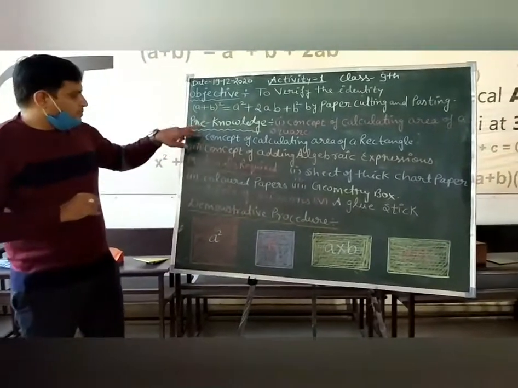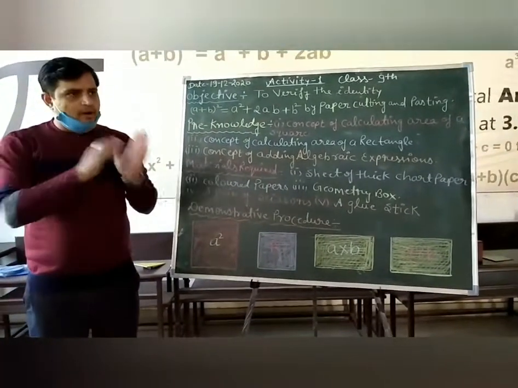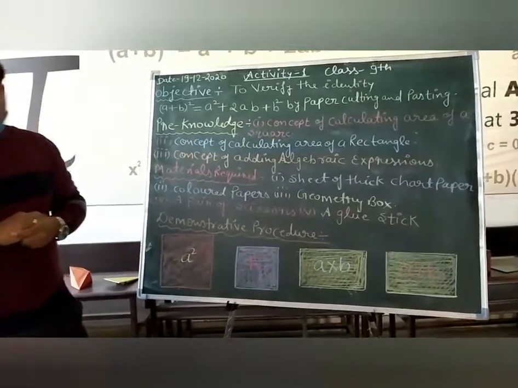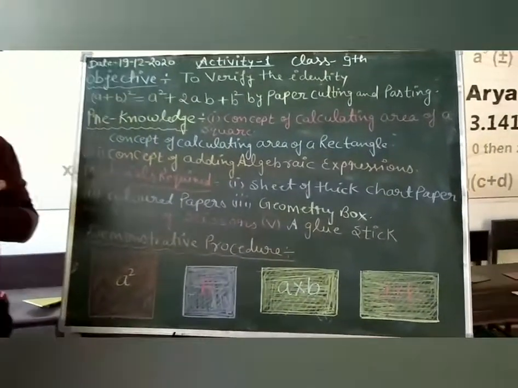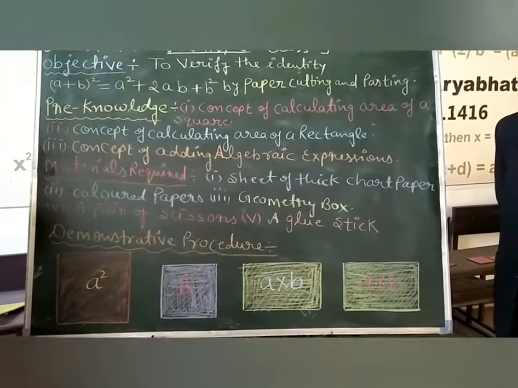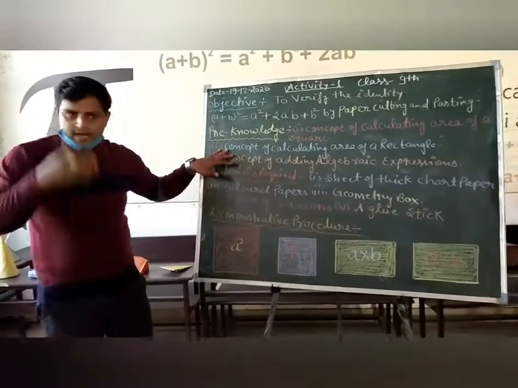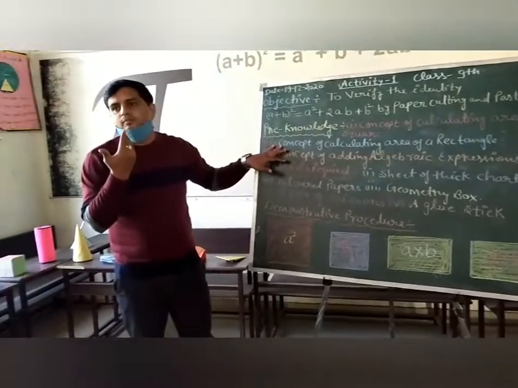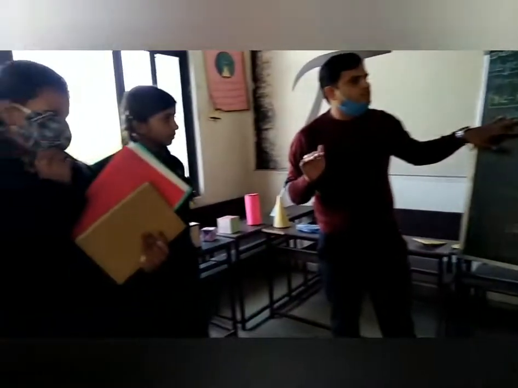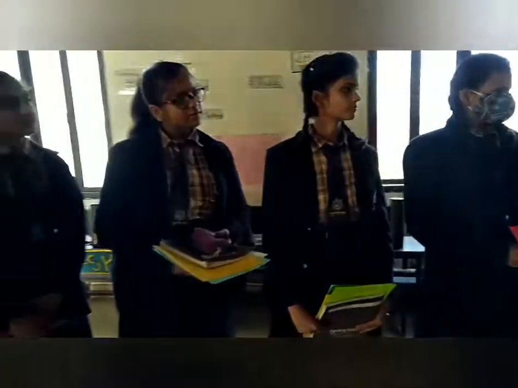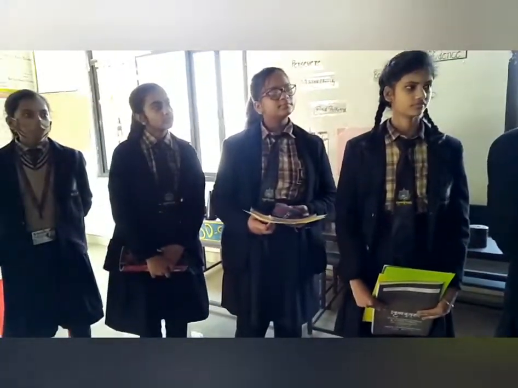Pre-knowledge about this activity: the concept of calculating the area of a square. We should know how to find the area of a square. I hope all of you know it. What is the area of the square? Area of the square is side square.